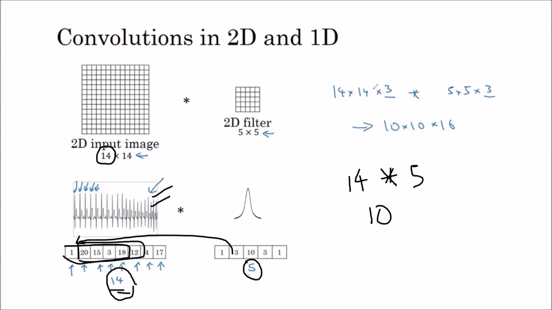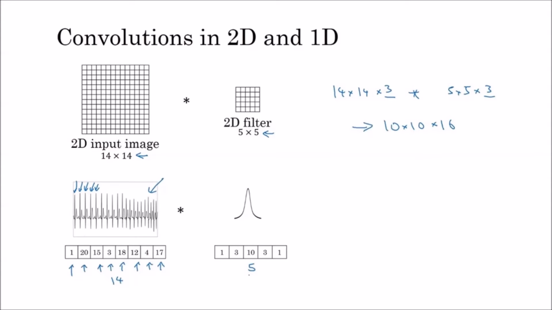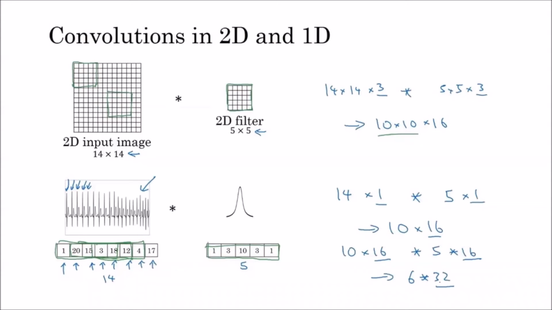If we have more than one filter, for example 16 filters, then the output will be 10 by 16, where 10 indicates the 1D information and 16 indicates the number of feature maps. Now this 10 by 16 output is the feature map output. Again, we convolve with a filter.